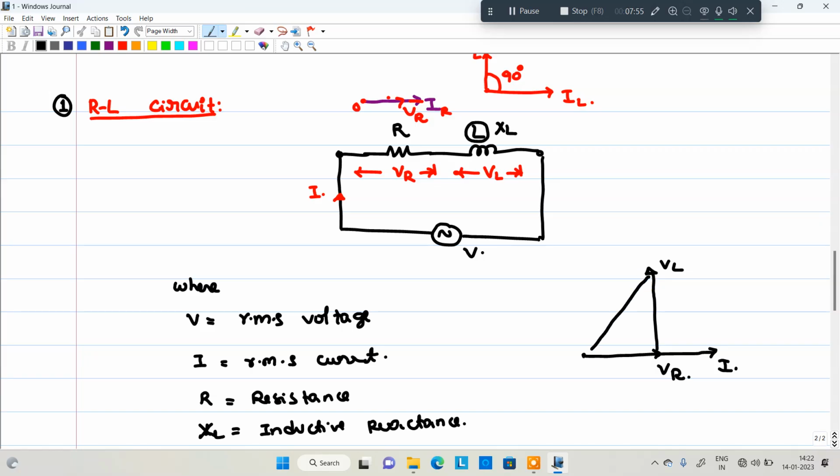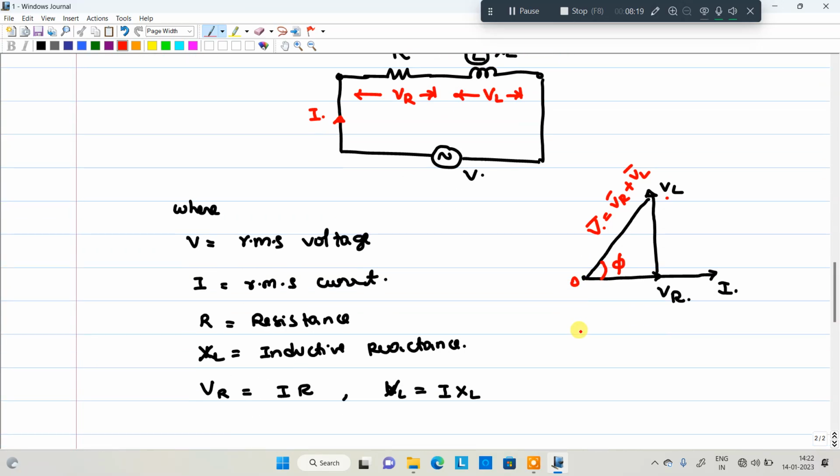So this V is the vector sum of VR plus VL. The angle between the voltage and current is phi, the power factor angle. This is the actual phasor diagram of the RL series circuit.